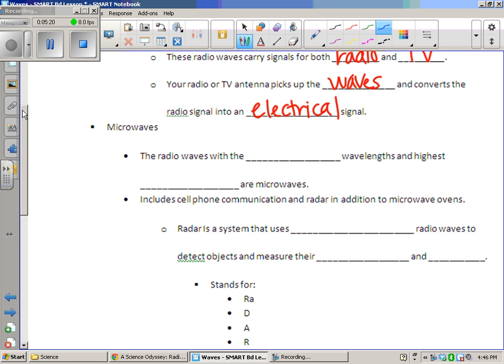And if you're looking at radio waves again, to the right of that are your microwaves because they're going to be a little bit shorter in wavelengths with higher frequencies. So microwaves, these are radio waves with the shortest wavelengths and the highest frequencies.